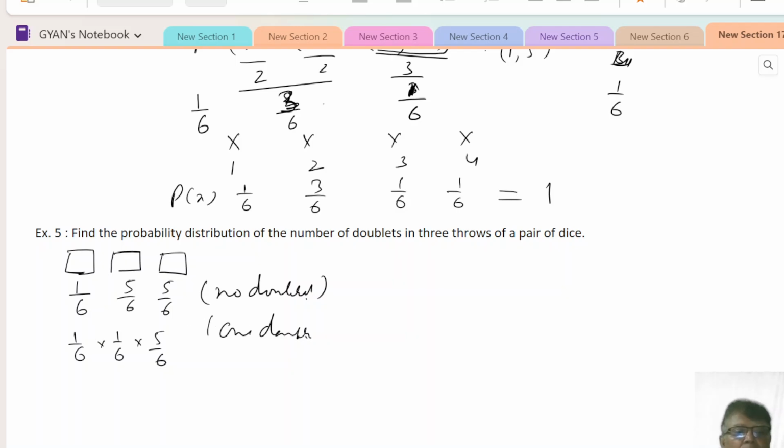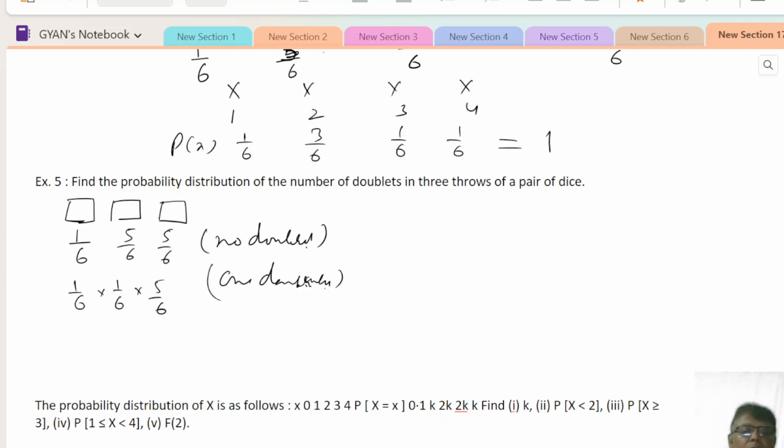So this is one doublet. This is how many times it can come. It can come like this also, 5 by 6, 1 by 6, and this also.